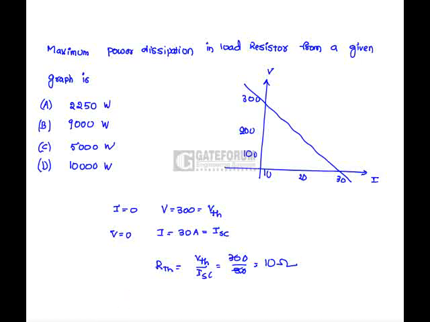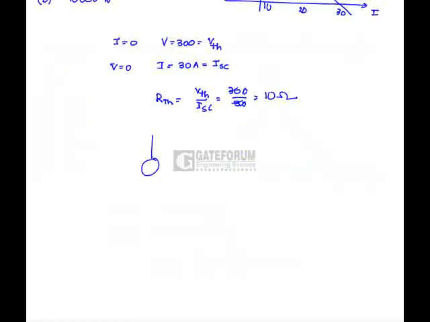We can represent it as 300 volts with 10 ohms. For maximum power dissipation, RL must be equal to R Thevenin.